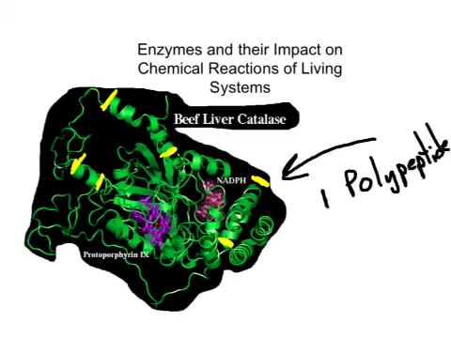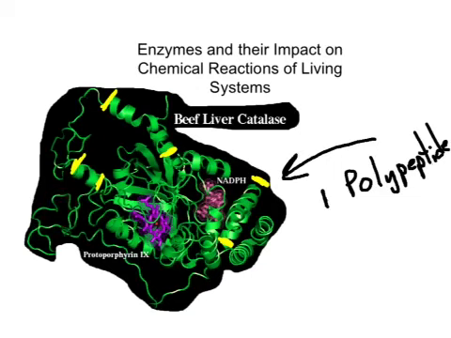Now that one polypeptide has a bunch of different little parts to it. As I said, this alpha helix, this random coil here, this piece here that's a kind of a beta-pleated sheet. Each piece is defining an area that is chemically different and creates a space that maybe here it's hydrophobic, here it's hydrophilic, here it's ionically charged in a negative fashion, over here it's positively charged.